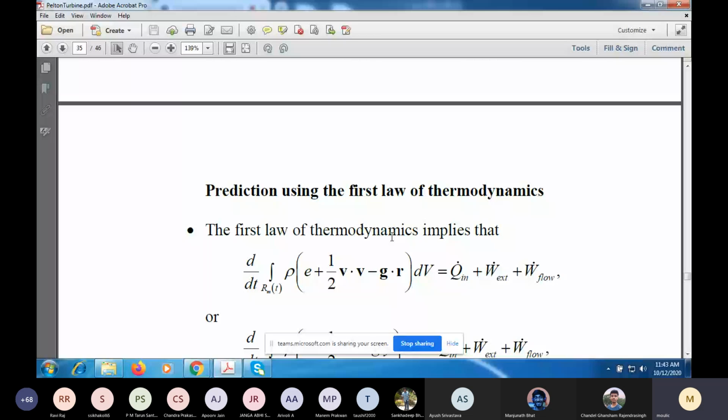And here in this part, we are trying to convert kinetic energy of the fluid, potential energy of the fluid and pressure of the fluid to work. So here you are converting the mechanical energy of the fluid to mechanical energy of the rotor, which will rotate the electric generator. So the mechanical energy of the rotating shaft will ultimately be converted to electrical energy.